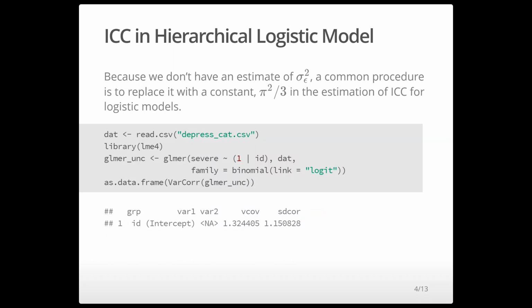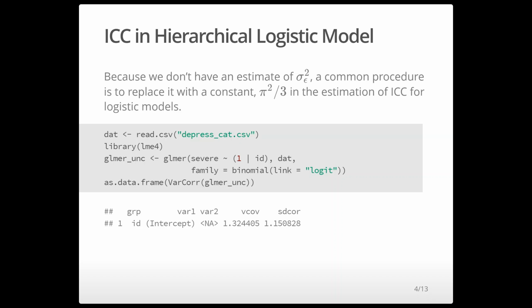So first, we can talk about intraclass correlation. Because we don't have sigma squared epsilon, a common procedure is to simply replace it with a constant, pi squared divided by 3. And so this is what we're going to do here. So you note that when we fit our model, we use glmer, and we here fit an unconditional model where we have severe predicted by the random intercepts or the estimated cluster log odds.